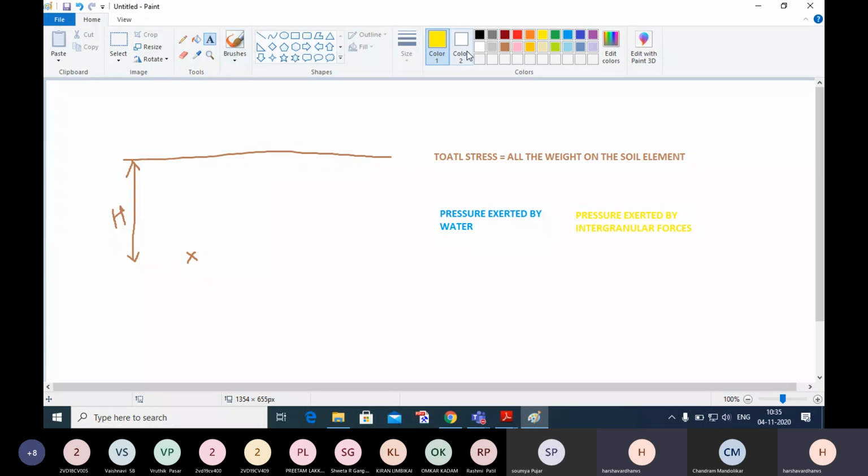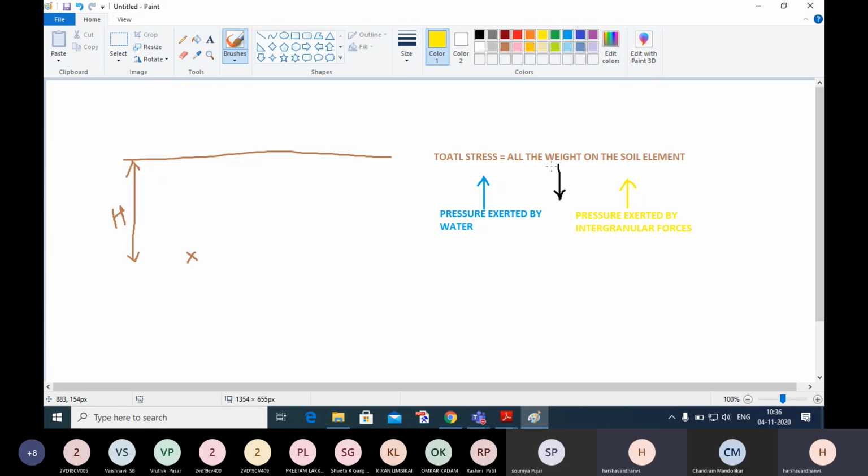So because of all the weight that is coming on the soil, this weight is resisted by the pore water pressure and the intergranular force between the soil particles. So there are three components or three forces acting here.